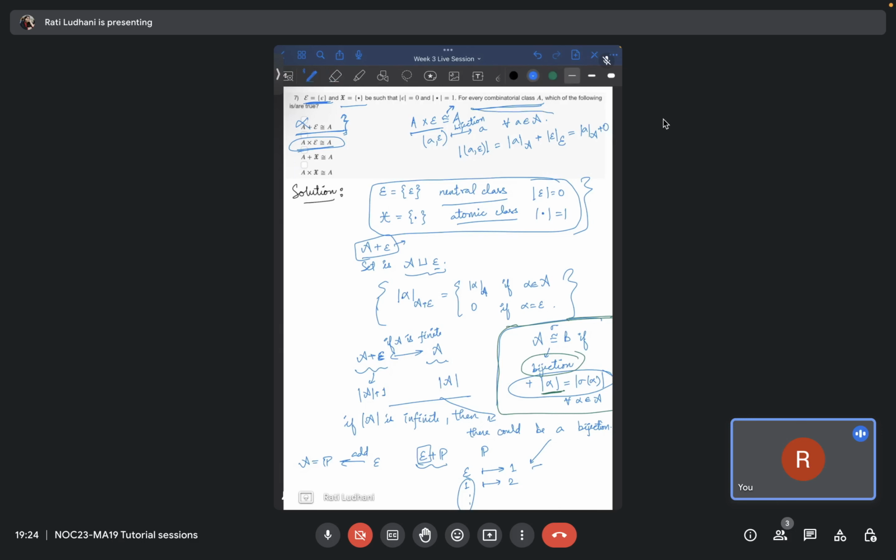So this can work because you have a bijection. Now the sizes are the same, this is from A cross epsilon. So these two things are there, the bijection is there, and the sizes are the same for the element and its image. So this is true, A cross epsilon is the required one.